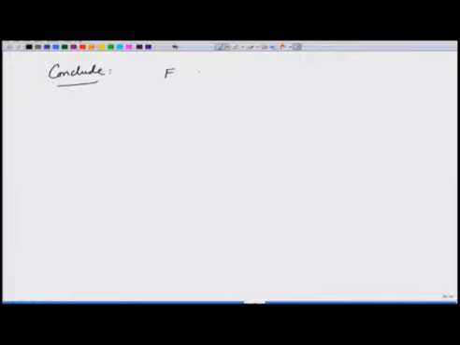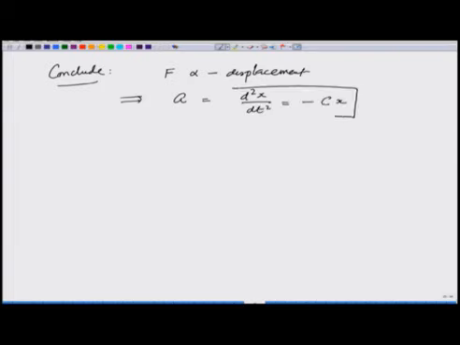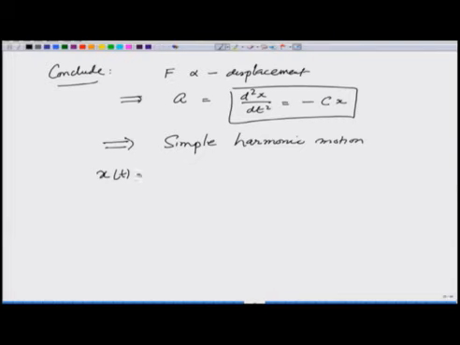that force proportional to minus the displacement implies acceleration, which is d2x by dt square equals minus some constant c x, and all this together leads to simple harmonic motion, and by that we mean that the displacement x t is going to be of the kind a cosine of some omega t, where omega would be determined by c, right.